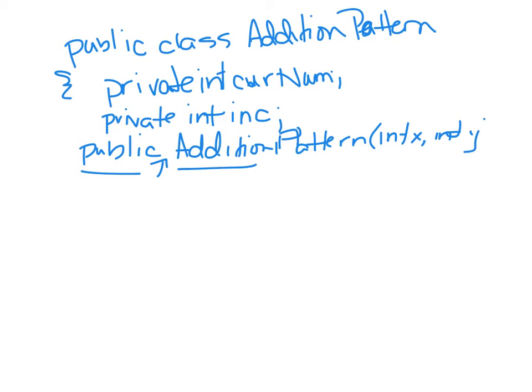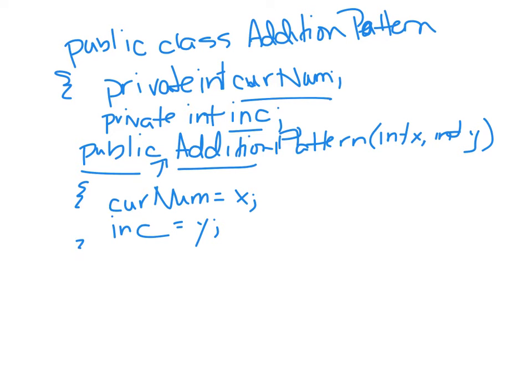It doesn't matter what you call them, as long as you're consistent with your names and you have them in the right order. The constructor should initialize these two. The first one was the current number, and the second one was what it's incremented by.